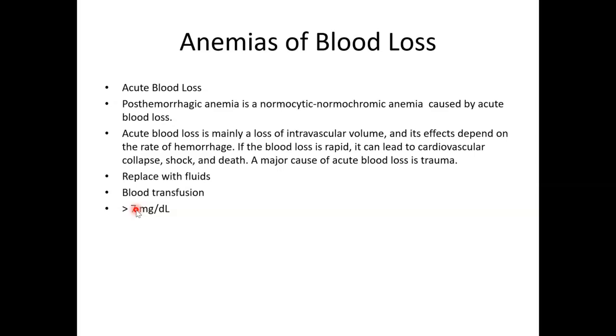One unit of red blood cells will increase the hemoglobin by 1 milligram. So if somebody has a hemoglobin of 7 and you give them 1 unit of RBCs and check a CBC afterwards, their hemoglobin should be 8. If you give them 2 units of red blood cells, their hemoglobin should be 9. And generally that's what we give.